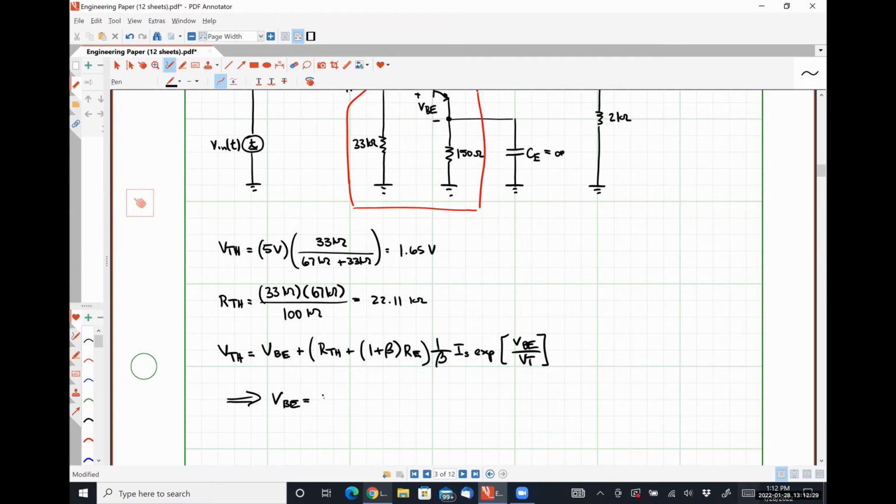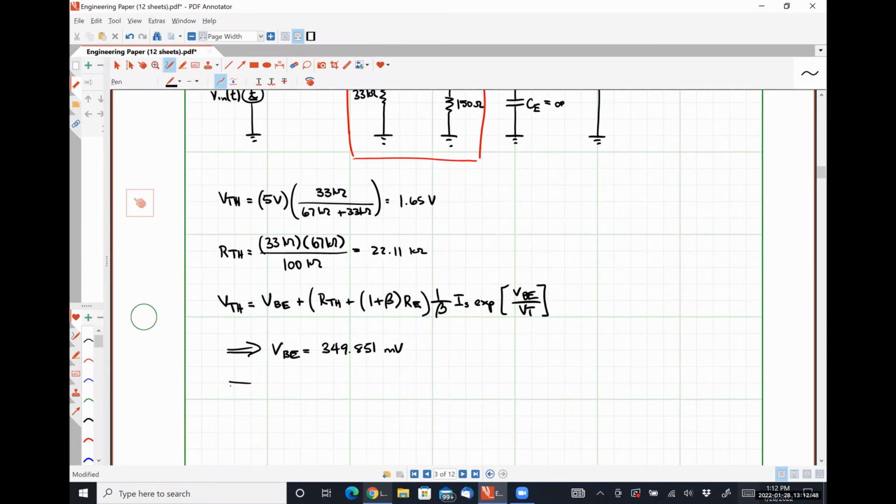And when I solved it, I got 349.851 millivolts. I got that both using my calculator and MathCAD, so I feel pretty confident about it.